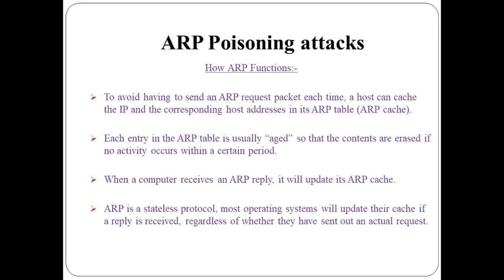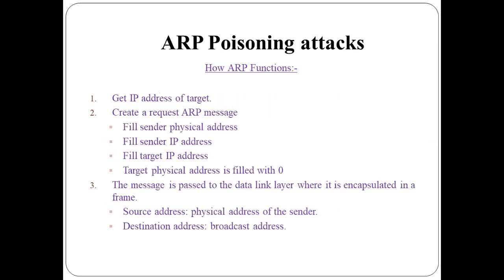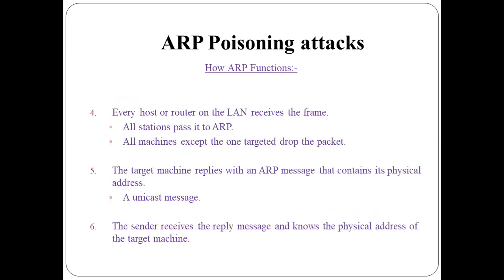What is already stated is called static, and what you add later will be the dynamic entry of the ARP table. So this is the case. There is no meaning of reading all of it. How ARP functions we have discussed, in this unicast manner.